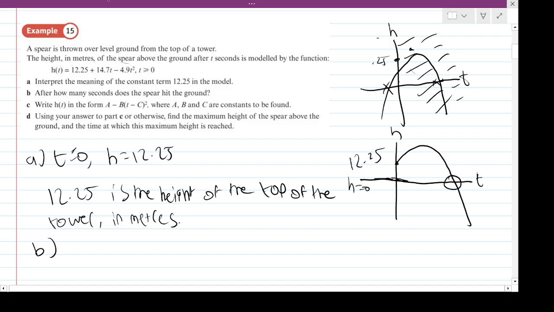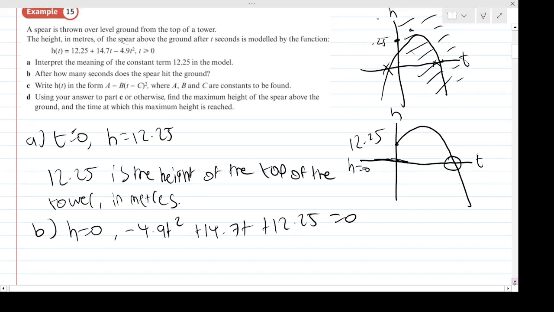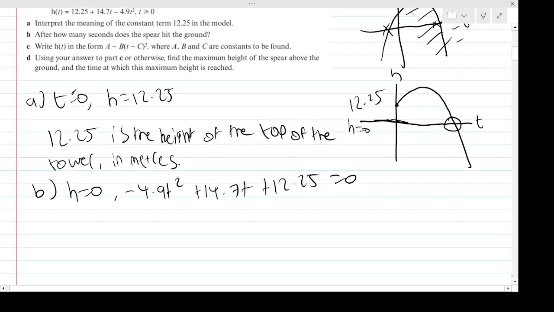And when it crosses this, well, how do we get this? Well, that's when h is 0, isn't it? But when h is 0, the whole quadratic equals 0, doesn't it? So minus 4.9t squared add 14.7t add 12.25 equals 0. Well, that's an equation we can solve, isn't it? So we could just solve that by quadratic formula.